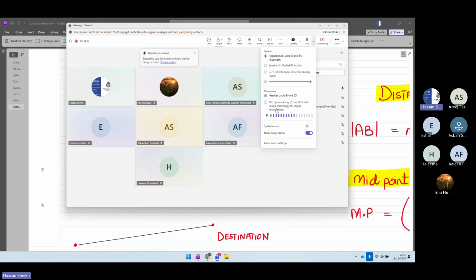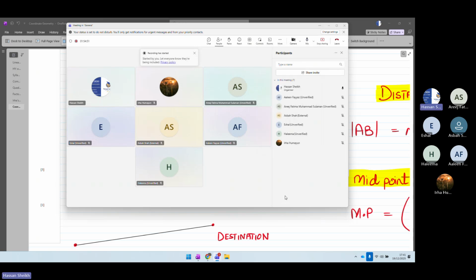And if you have attached any external headphones, you can switch it from here. So maybe you just need to work on your settings because she was there in the class before. Aspa, just check your setting. You'll get to know when your microphone will start to work.